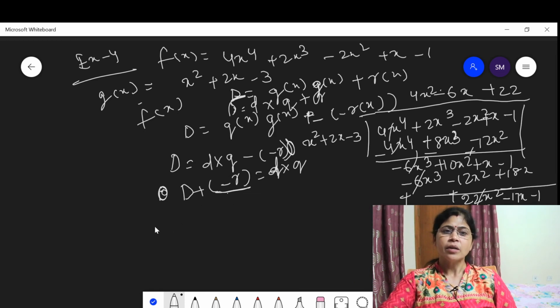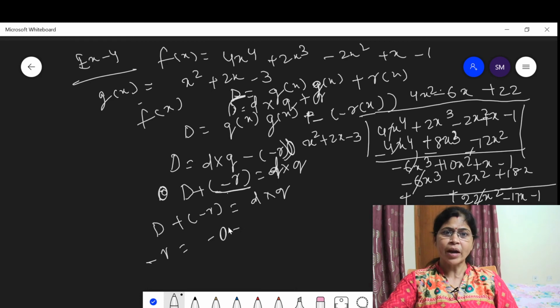This means what should be added? D plus minus r is D into Q. So minus r is minus of minus 61x plus 65.